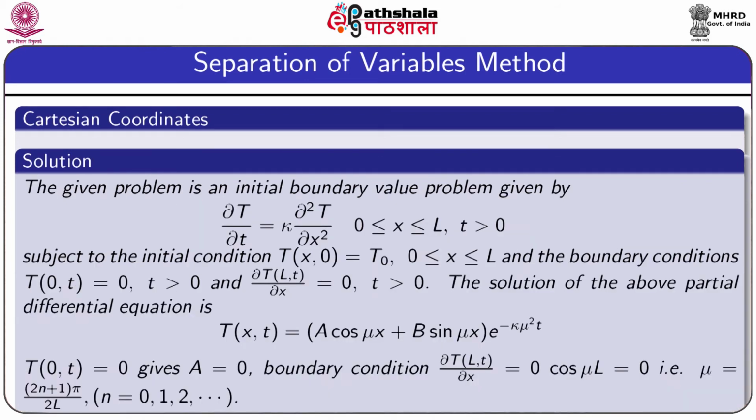So, this is a one dimensional problem. So, we have to find the solution of the one dimensional heat equation, which is written here, subject to the initial condition capital T(x, 0) equals T0, where x lies between 0 and capital L. Capital L is the length of the rod and the boundary condition is T at the end x equals 0 is 0 and the other end is insulated.